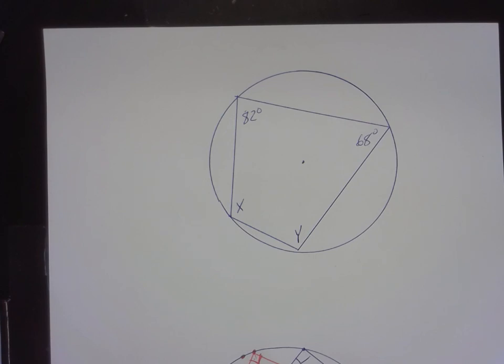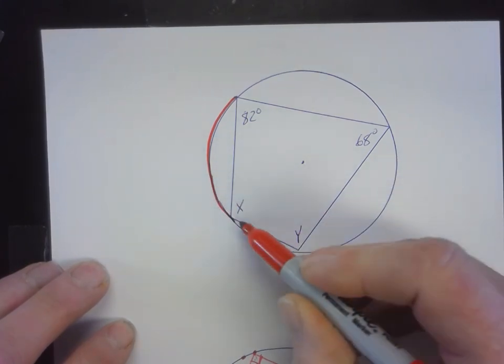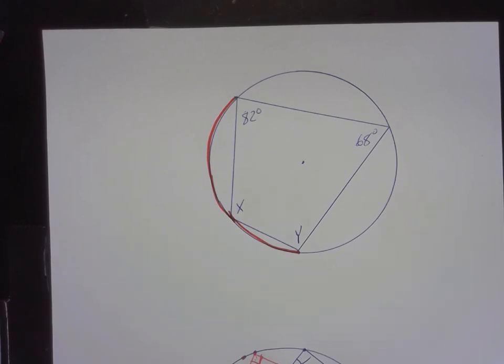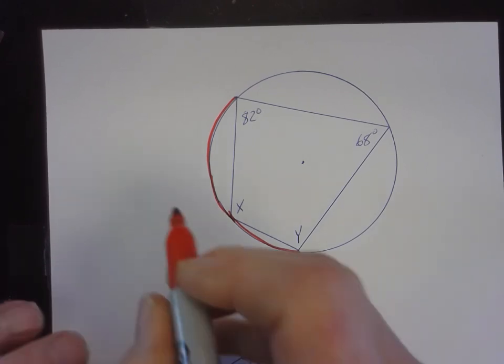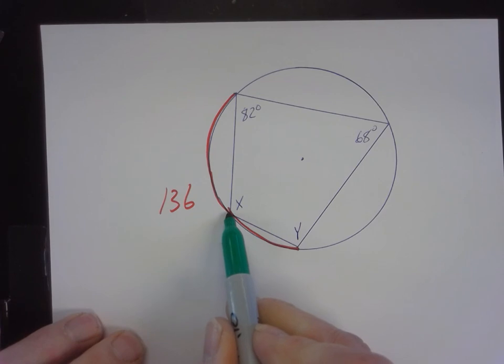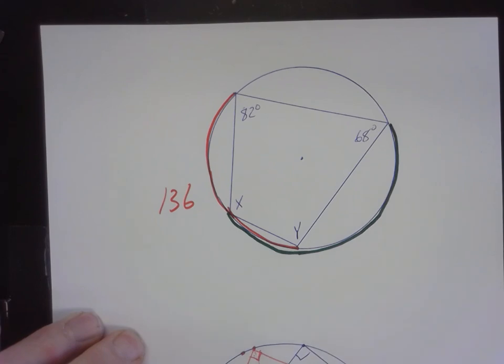Okay, so y would be 90. What's the measure of this arc right there? 136? Okay. And then the measure of that arc right there. 164.